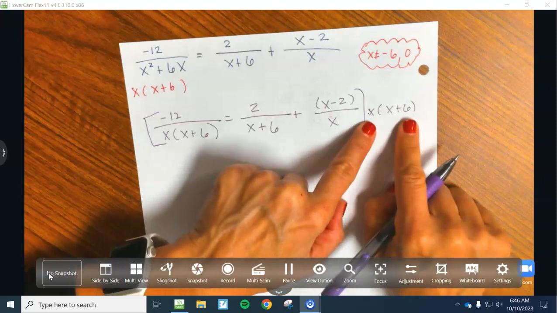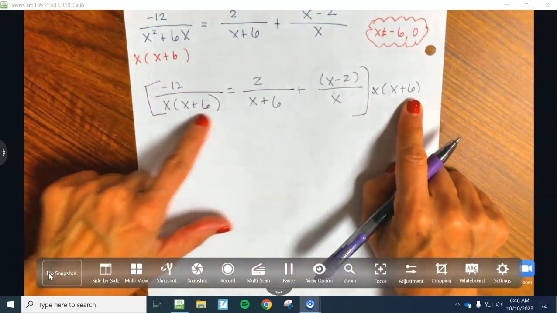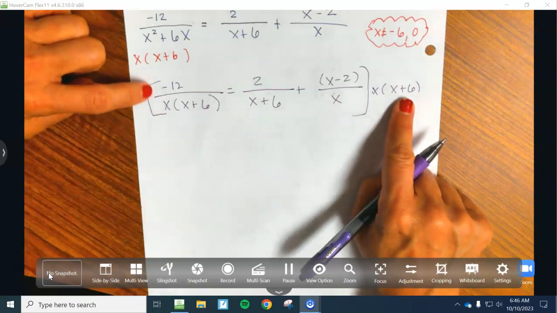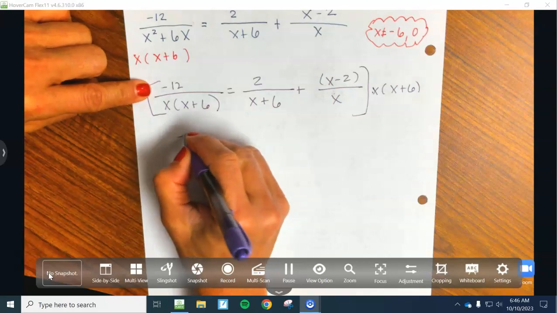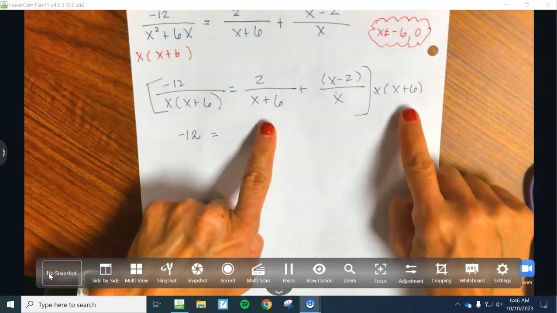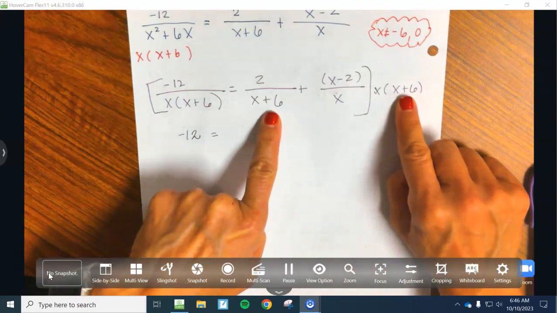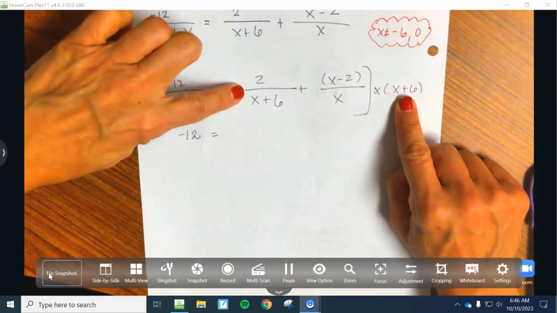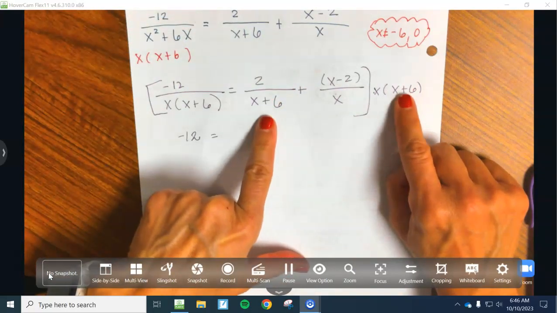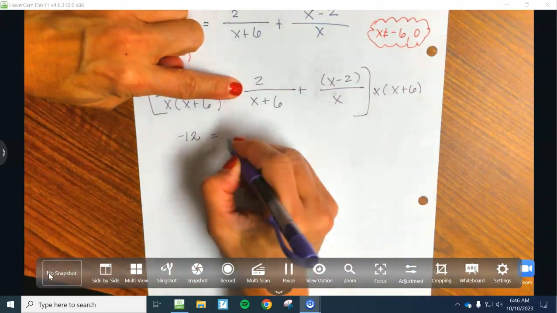When I multiply it over here, the whole entire denominator is going to wipe out all of this. So the left side of my equal sign is just going to be negative 12. Now over here, when I distribute, just the x plus 6's are going to go away. The whole entire fraction bar is going to go away also. So when the x plus 6's completely cancel, this first term just turns into 2x.